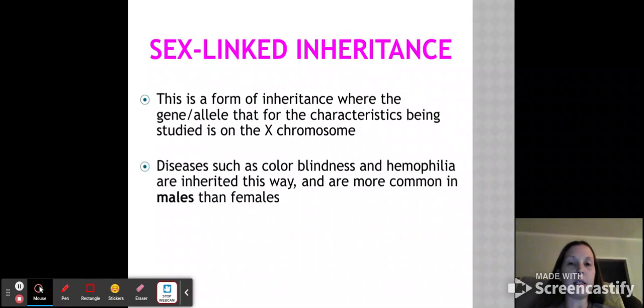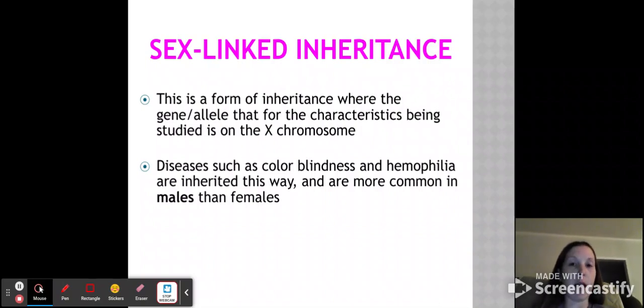Okay. Diseases such as color blindness and hemophilia are inherited this way, and they are more common in males than females because remember, males have only one X. So if that X is the form that expresses these diseases, that male is going to have that disease.